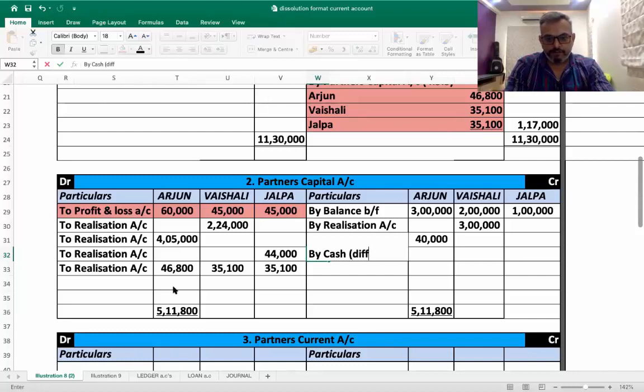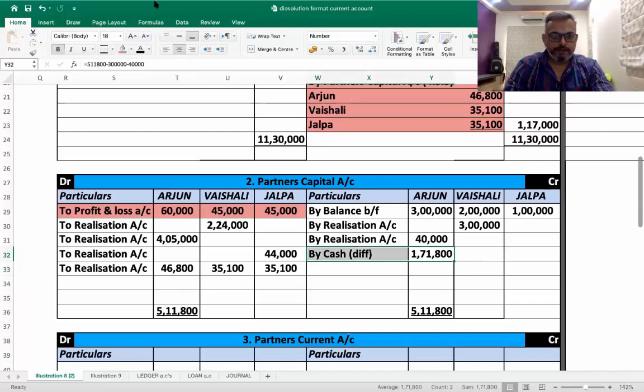Okay, difference: 5,11,800 minus 3 lakh minus 40,000. So 171,800 is the difference you get.